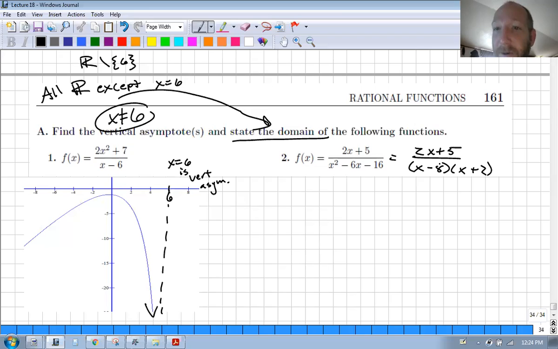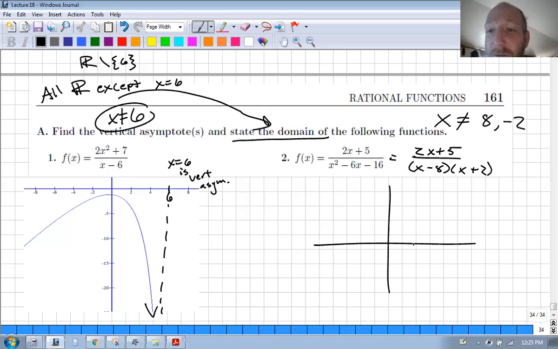So here the domain, x is everything except for 8 or negative 2. You can't have an 8 or negative 2. So 1, 2, 3, 4, 5, 6, 7, 8, we're going to have a vertical asymptote there, and another vertical asymptote here at negative 2. Okay, so we will look into these more next time.